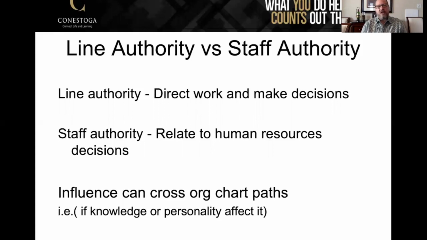What you normally find is line authority is common at the front of the organization and all the way up. Staff authority usually doesn't happen until you're pretty high up in an organization. And even at that point, technically, if you get to the president or the CEO or whatever, they could make almost any staff authority decision, but practically they don't.